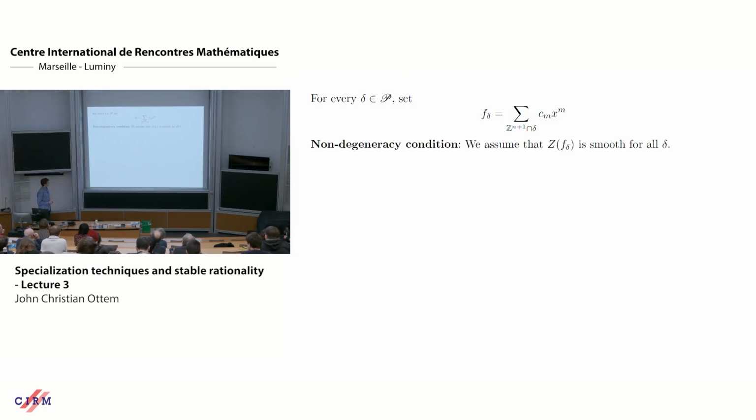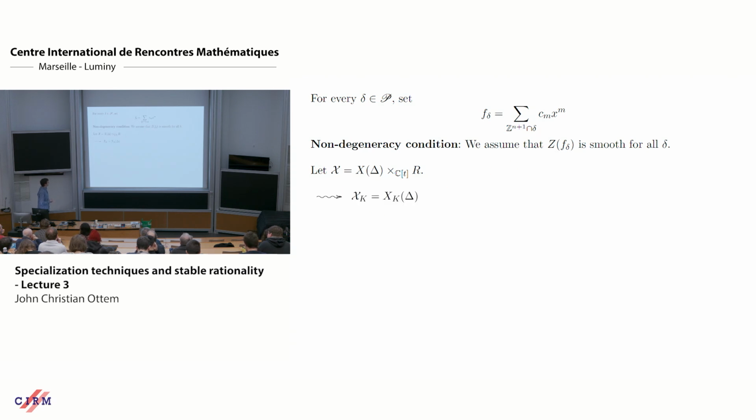So if we start with some polynomial, and we assume that for every subpolytope in our subdivision these hypersurfaces here are smooth, the degeneration that we're going to get will be quite nice.